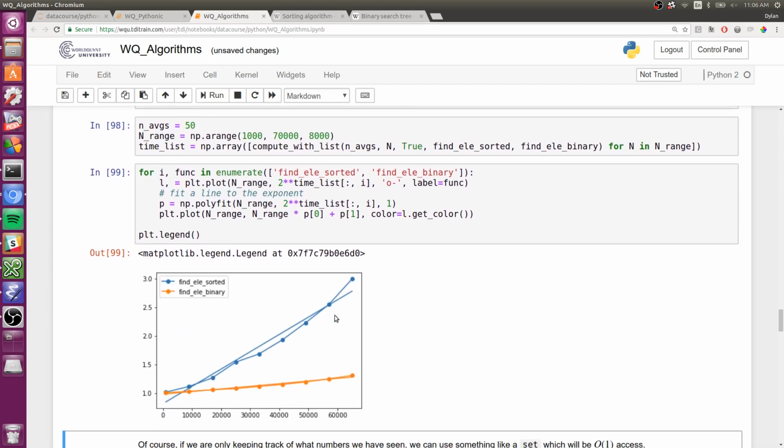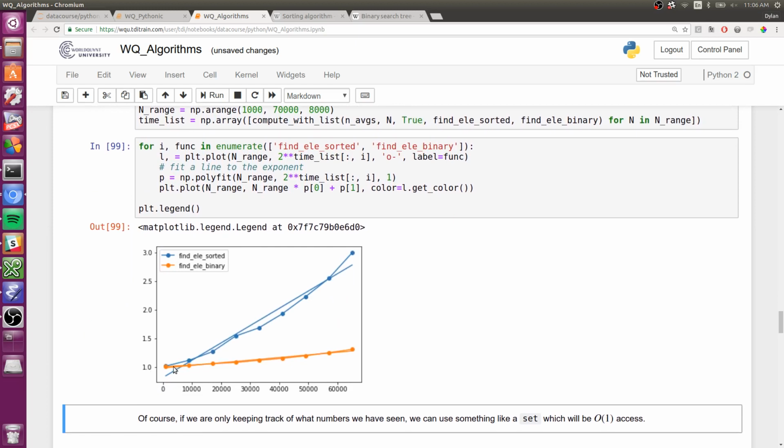By doing this, we find this binary search is quite a bit faster.